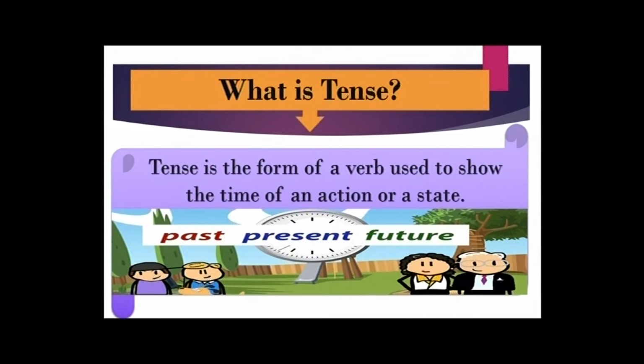Students, tense is a form of a verb that tells us about the time the work is being done, whether it is in past, whether it is in present, whether it is in future. It tells about three tenses. So, there are three tenses.